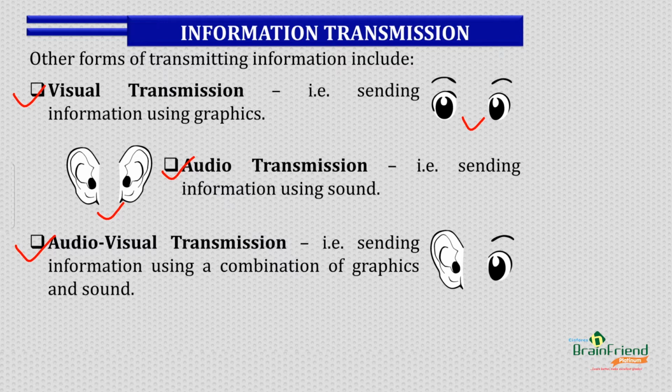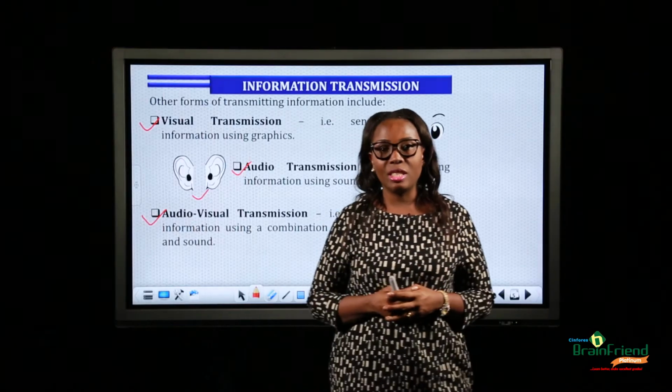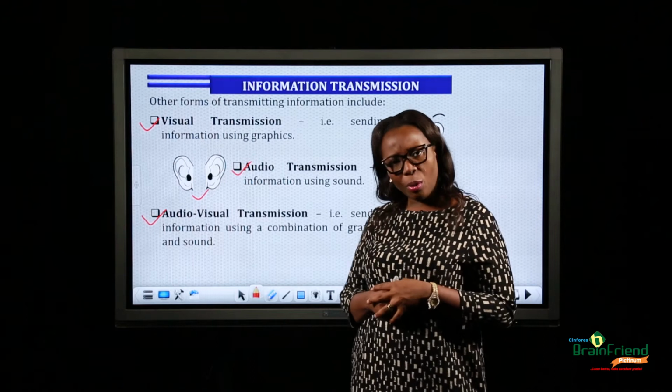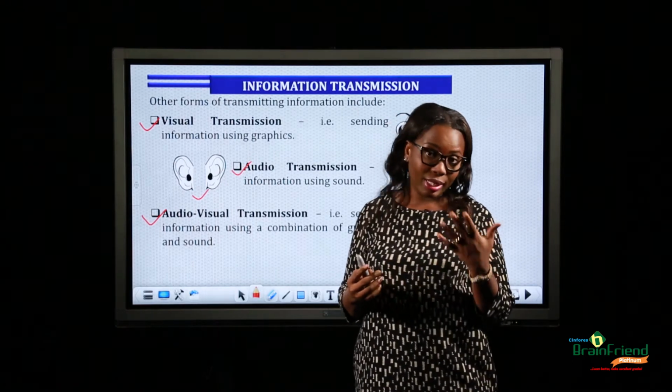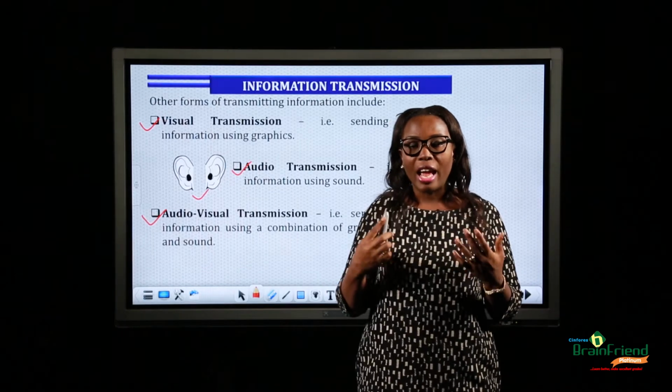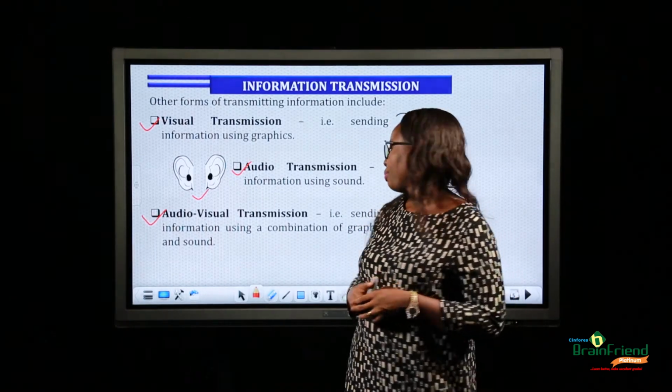And for audiovisual transmission, the receiver both sees and hears. For example, a person watching a video hears the sound and watches. A person listening to music only hears the music. And someone looking at a poster only sees the poster. So these are some forms of information transmission.